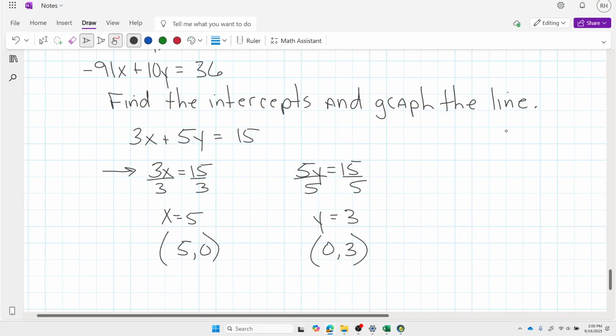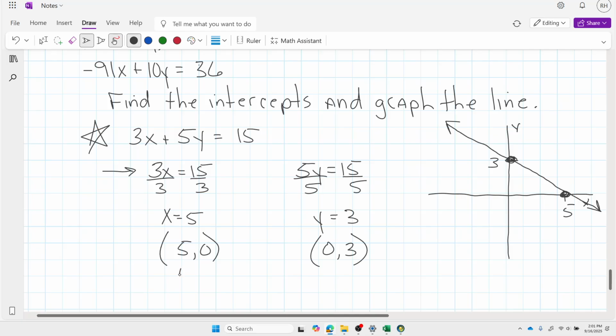So if you had to graph that, there's 5, 0, and then 0, 3, and then you can just put a line through them. So there is the graph of this equation, finding intercepts.